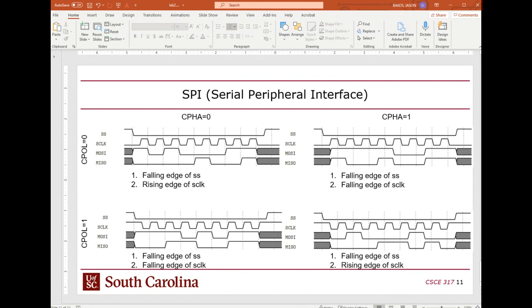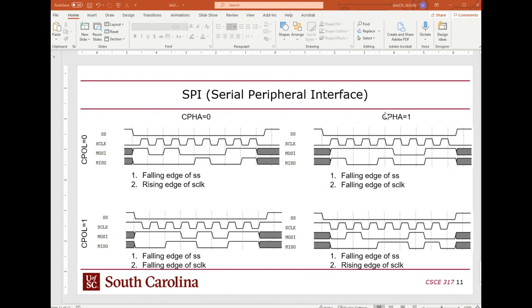Okay, so now let's switch gears to quiz 5, which was due today. It's a good question. CPOL and CPHA don't change between transactions. As far as I know, and I believe it's written in the README for the lab, the CPOL and CPHA do not change in each test case.